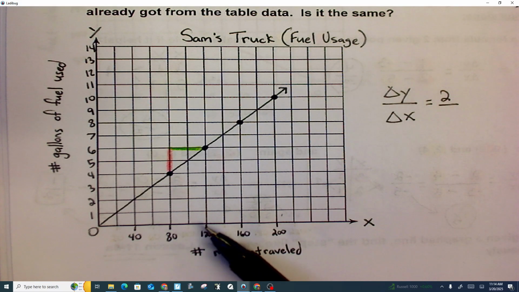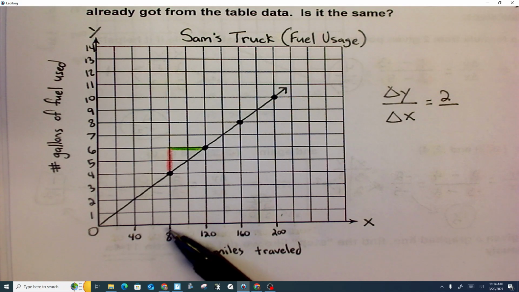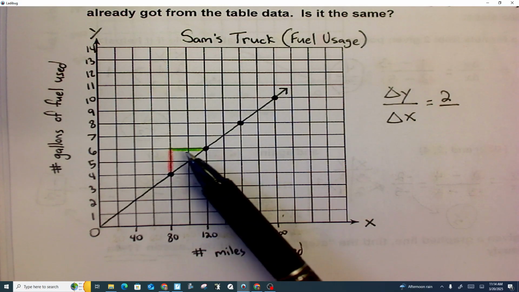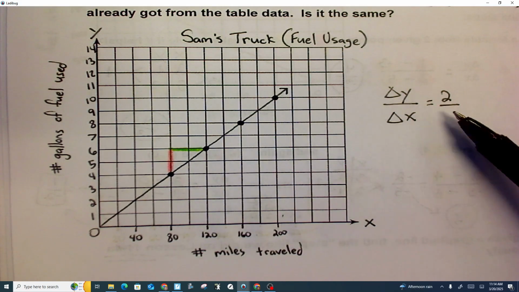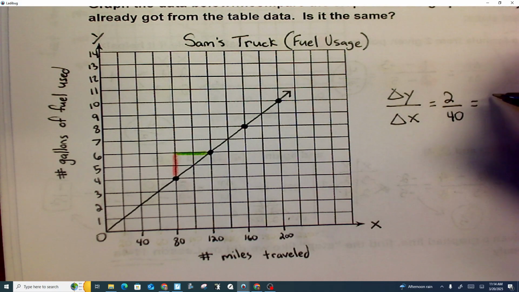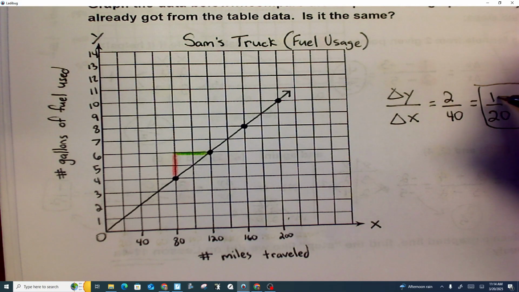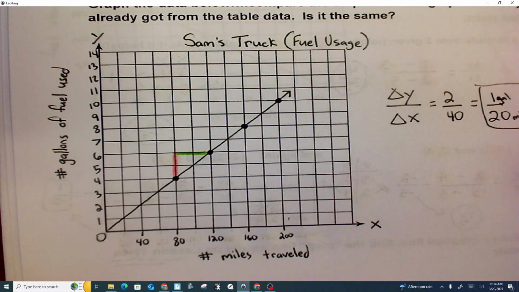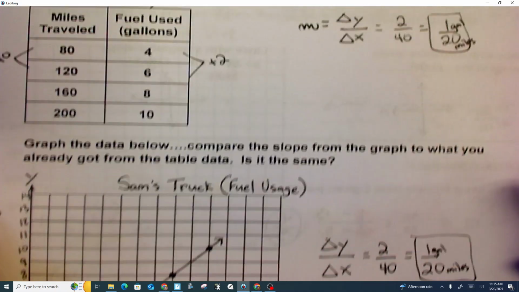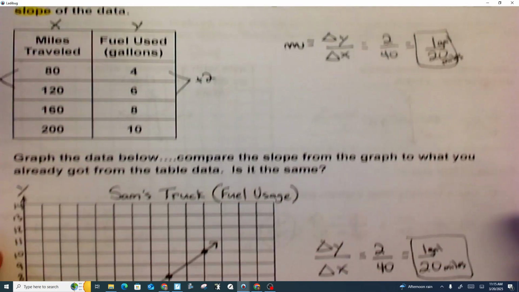Well, this went from 80 to 120, so I'd have to add 40 to 80 to get over to 120. So this is showing a change of x of 40. So I'm going to put 40 right here. And that does simplify down to 1 over 20, which again would be 1 gallon of fuel for 20 miles traveled, which is what we expected to find.